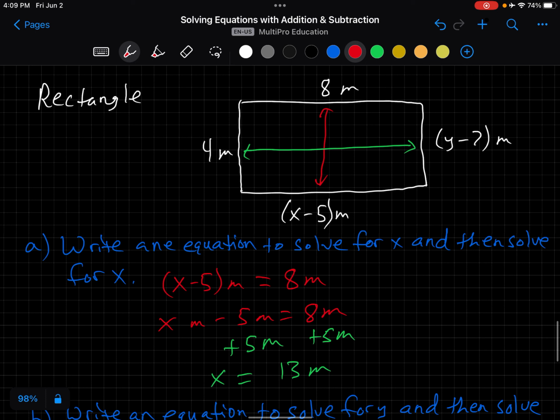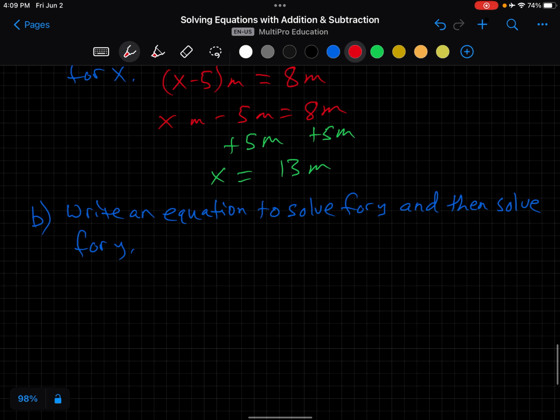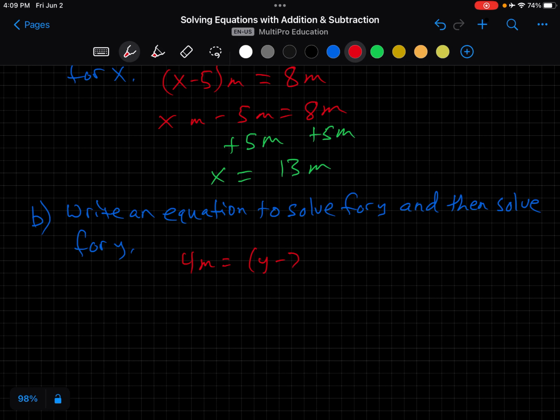Okay, let's try this. Let's go back up here and look at our figure. So we know that 4 meters is equal to y minus 7 meters. If we want to rewrite this, we could say 4 meters is equal to y in meters minus 7 meters.